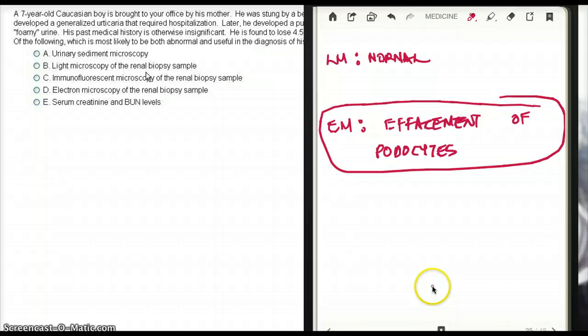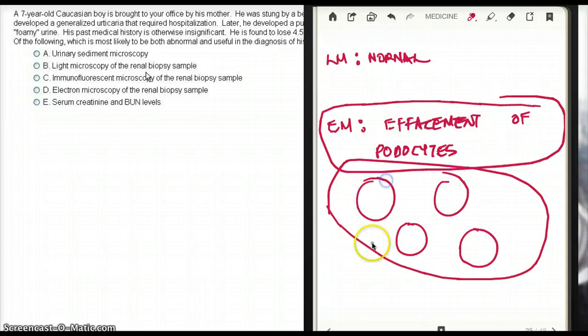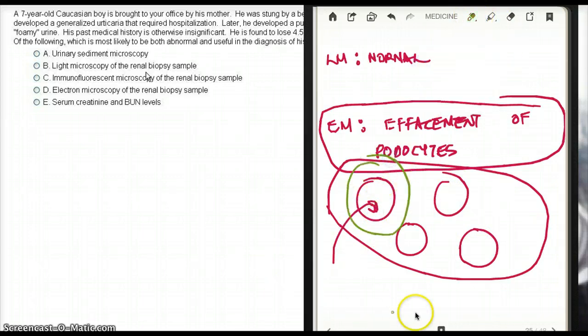One is charge selectivity, the other is size selectivity. The basement membrane of the glomerulus is like a little filter, and it has holes in it. The endothelium has little holes through which the proteins can go through, but the protein which is really big will not be able to go through.